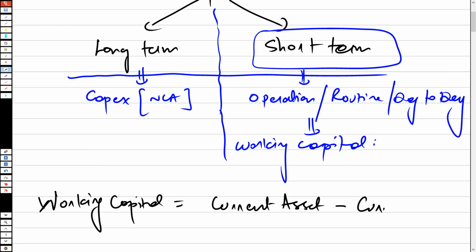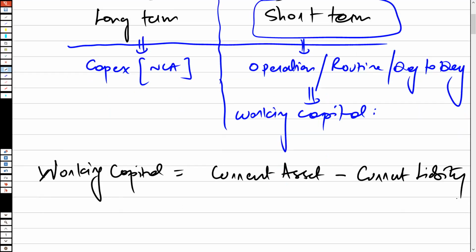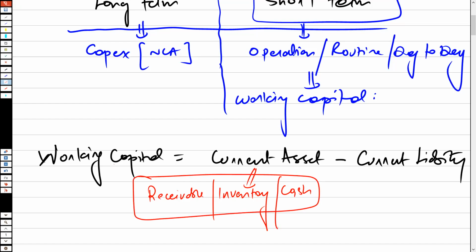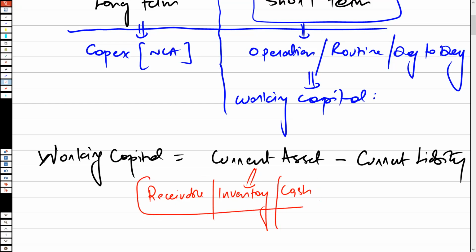Now, when we talk about current assets, what exactly are they? You have trade receivables, inventory, and cash. This is all going to be considered as your current assets.